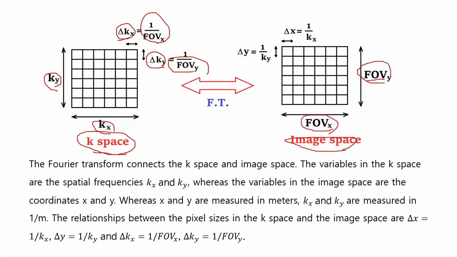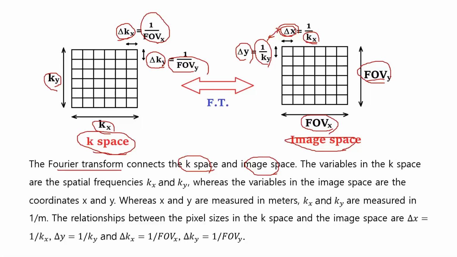On the other hand, the pixel size in image space is related to the size along x direction in the k-space, Kx, and for y direction we have a similar relationship. The Fourier transform connects the k-space and the image space.